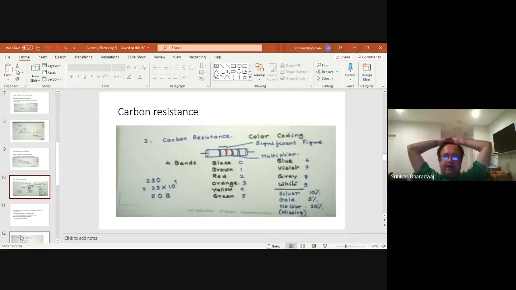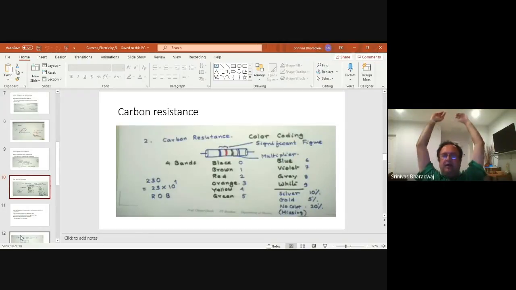So red is 2, orange is 3, and blue is 1. Therefore it is 23 times 10 to the power of 1. So if you have red, orange, and blue, it's 23 times 10 to the power of 1.